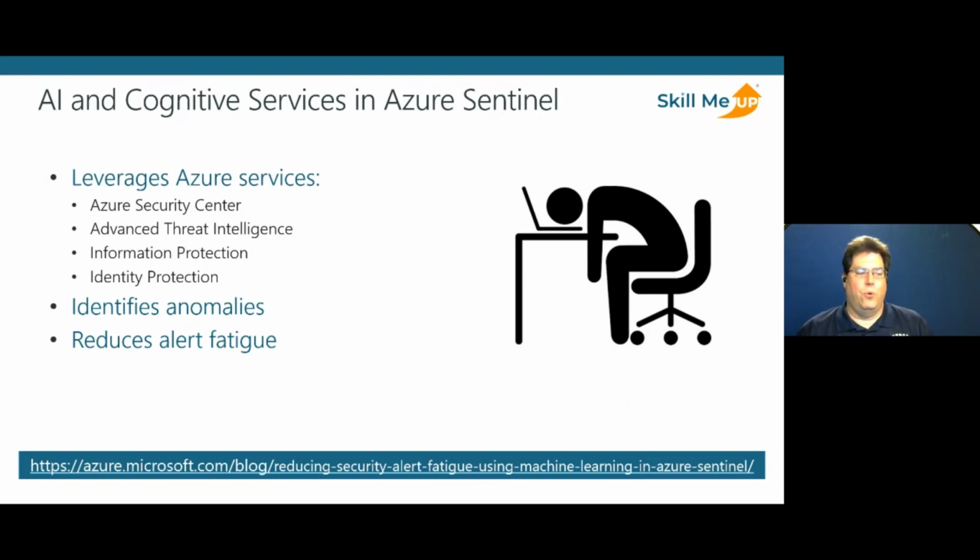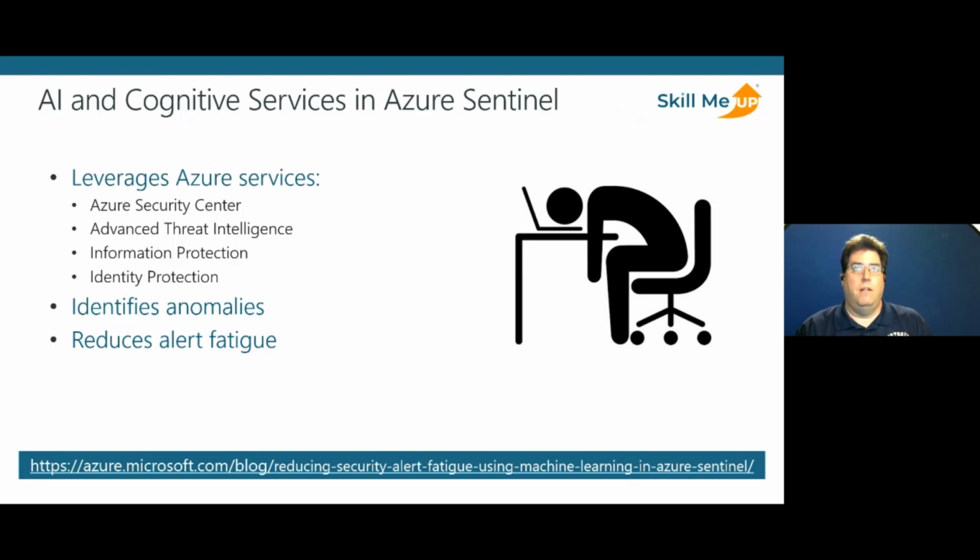And what that really does for your security operations center is it reduces alert fatigue. Because if you're just looking over logs over and over again and running queries within Log Analytics, you have a tendency toward what's called alert fatigue, and you have the potential to miss something important.